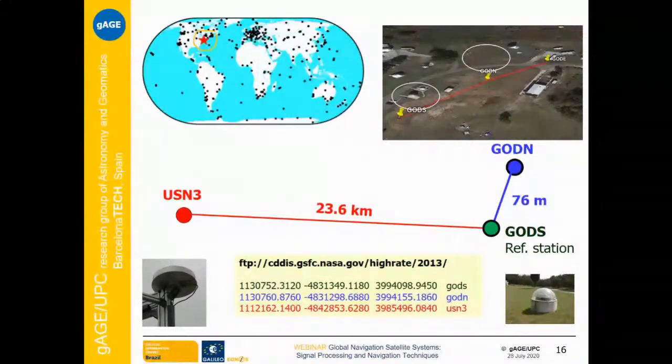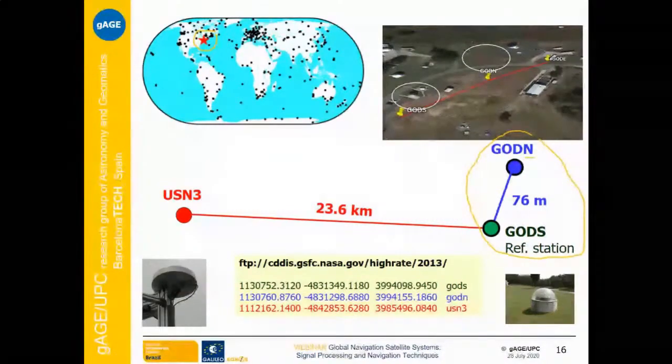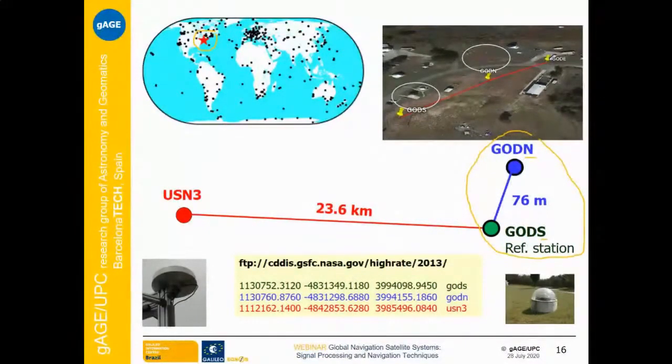Two of these stations are located at the NASA Goddard Center, Goddard North and Goddard South, which we assume is the reference station. And we have another receiver, the USNO 3 receiver, located 24 kilometers away from the reference station. And we will see how the differential GNSS works.